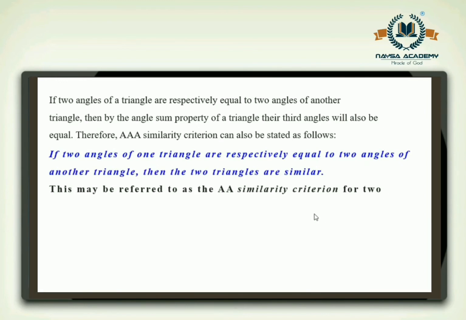This may be referred to as the AA similarity criteria for two triangles. So now, instead of using AAA criteria, we can use AA criteria. That means if in two triangles I have two angles equal to their corresponding angles in the other triangle, then I will say that those two triangles are similar to one another.